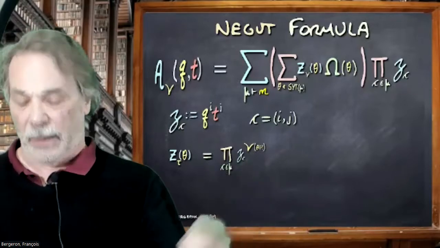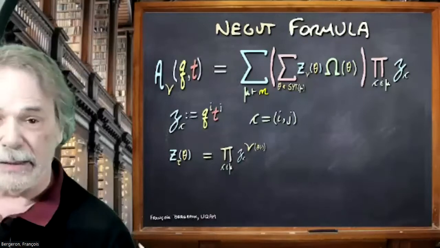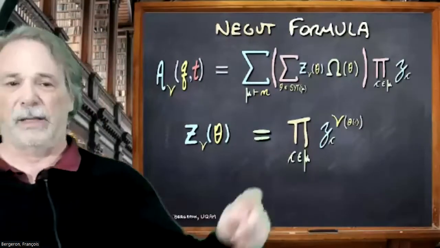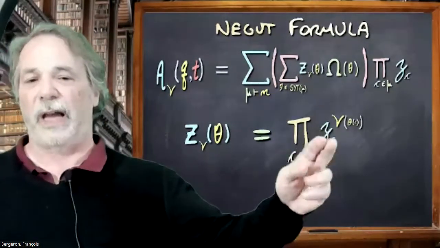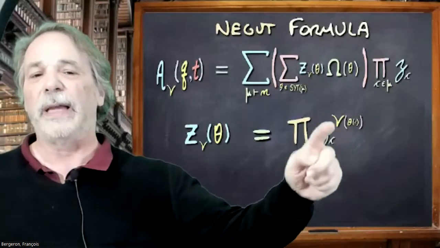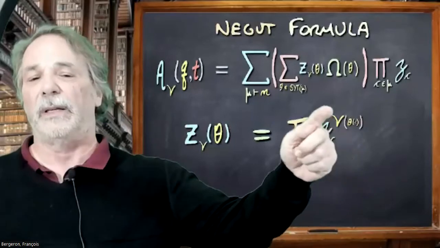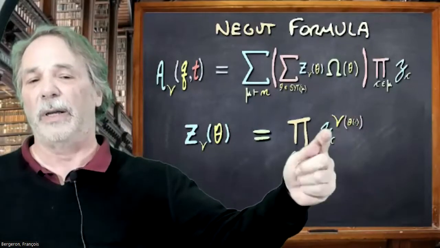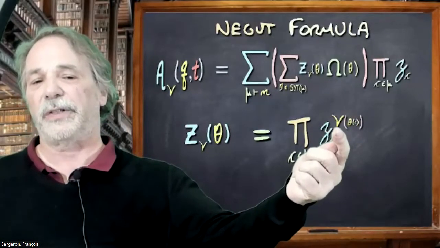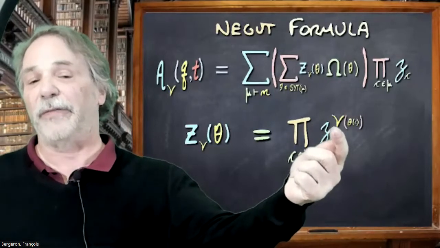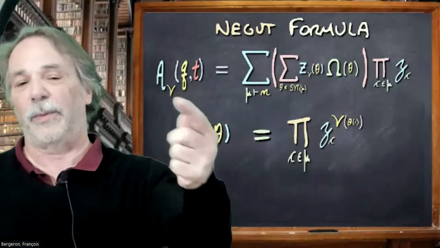So let me zoom in as before. So ZC is this kind of power, and then I'm raising ZC to some number, and that number is just the value of the vector V, the famous vector V that comes here.